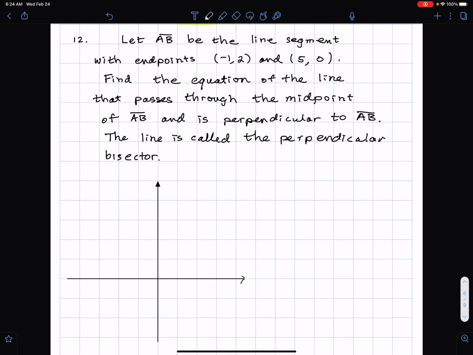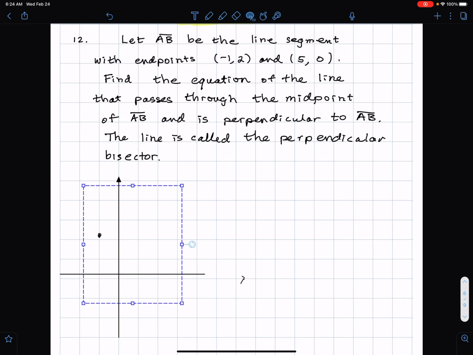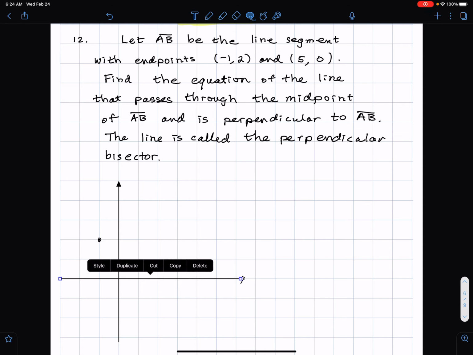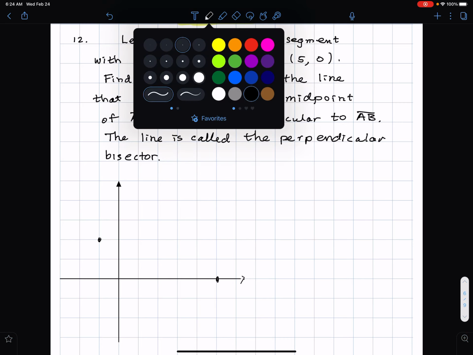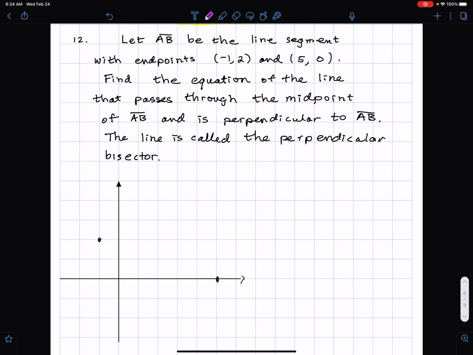So we have -1, 2, that's one point. 5, 0 is another point. And then I will draw this line segment AB.